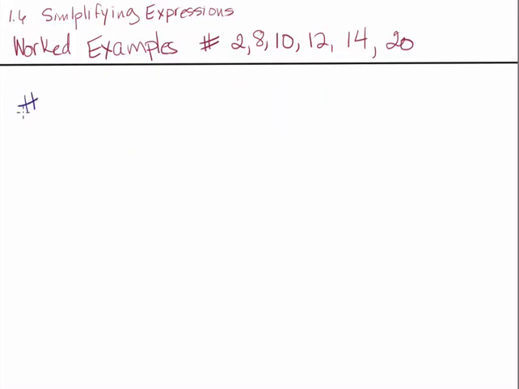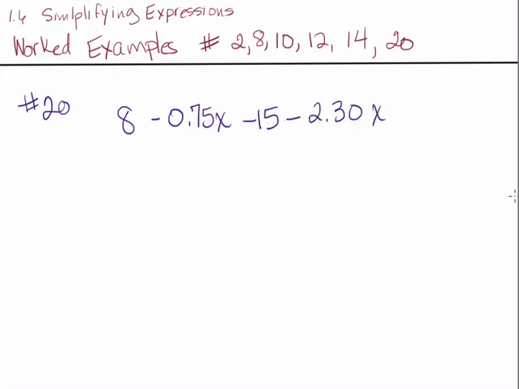Question number 20. 8 minus 0.75x minus 15 minus 2.30x. I have some constants and I have some x's. Let's work with the x's first so that that term comes first in my answer.